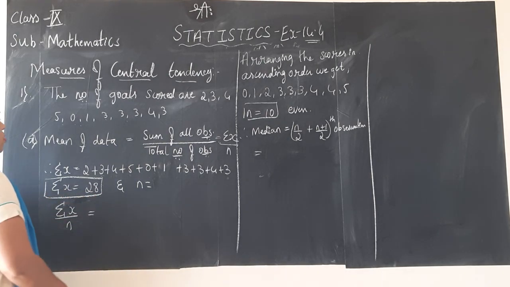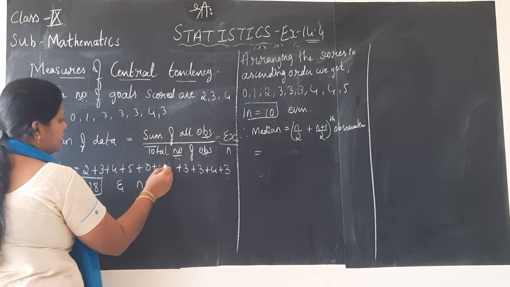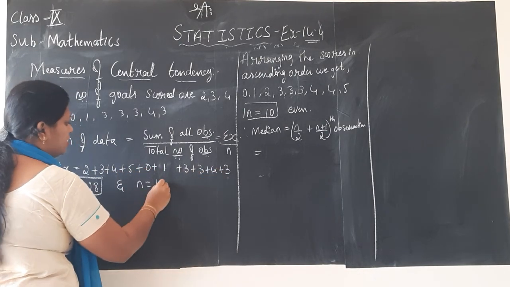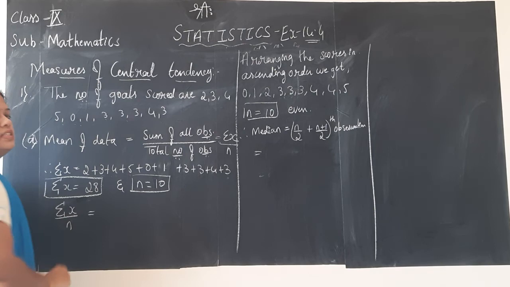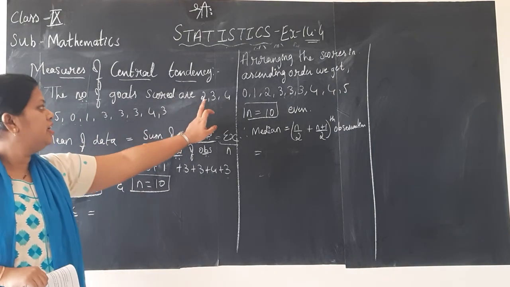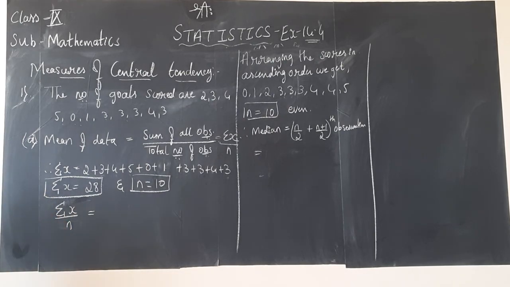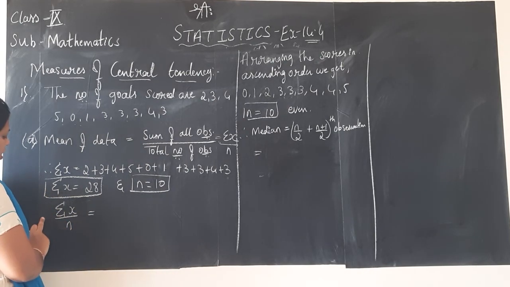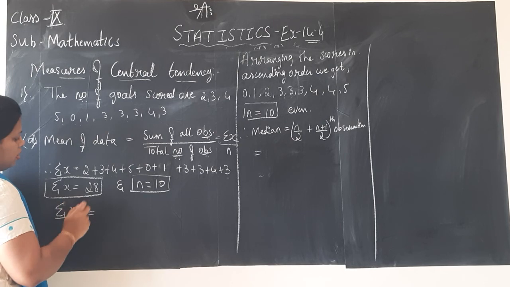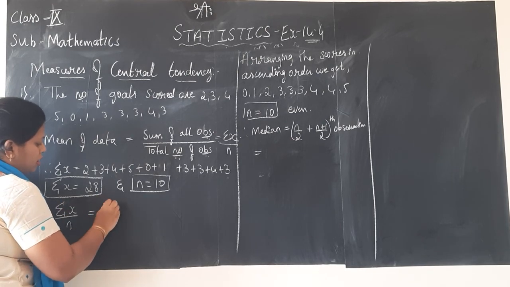N is the number of scores. Here 1, 2, 3, 4, 5, 6, 7, 8, 9, 10 scores are there. N is 10. You will literally count like 1, 2, 3, 4, 5, 6, 7, 8, 9, 10. So n is equal to 10. Now to find out what is mean, simply do what is sigma x by n. What is sigma x?